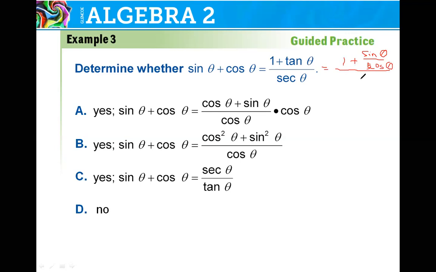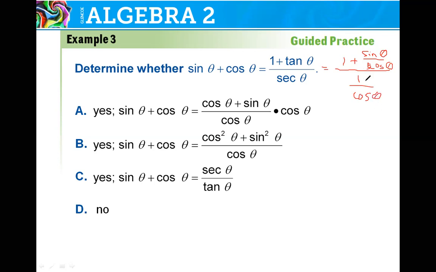Yes. So flip it, it will be 1 over cosine, because S always goes with C. So if you have sec, it's cosine, cosec, it's sine.